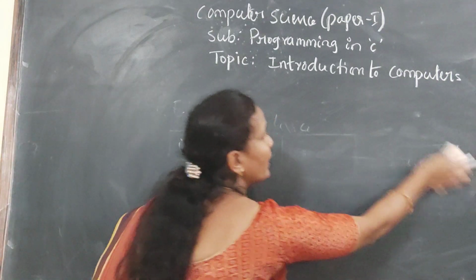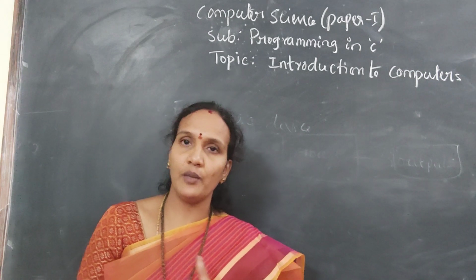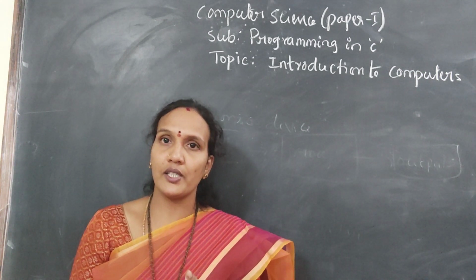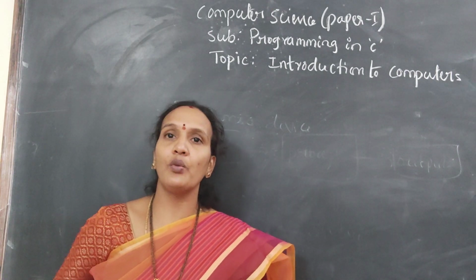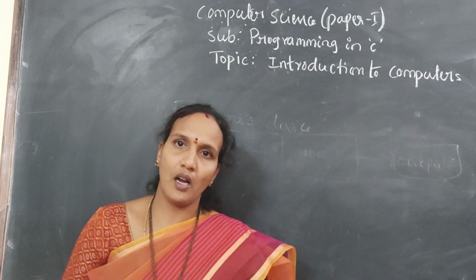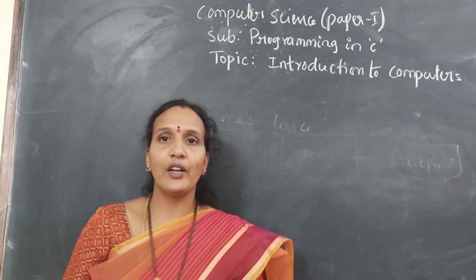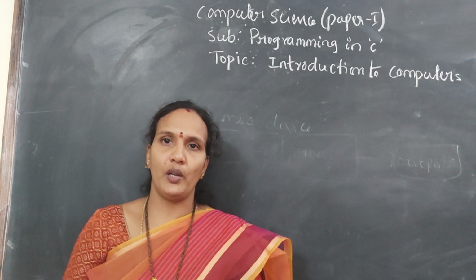So mainly how many units do we have inside the system? There are two units: one is the input unit and one is the output unit. Whatever data and instructions the user is giving will come under the input unit, and whatever output it is producing to the user is called output. To give an input, we use different input devices, and to produce output on the monitor, we use different output devices.